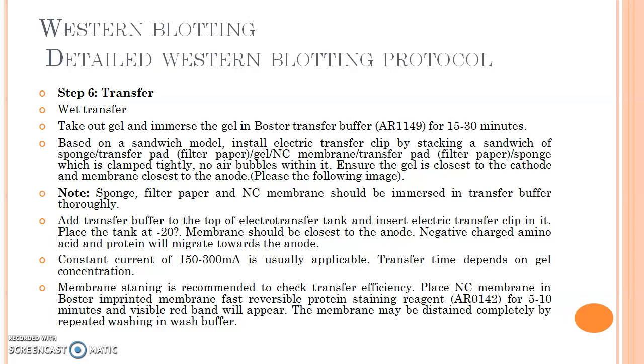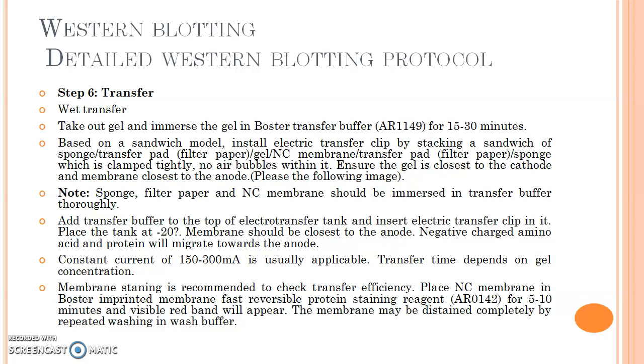No air bubble should be within it. Ensure the gel is closest to the cathode and the membrane closest to the anode. Note: sponge, filter paper and nitrocellulose membrane should be immersed in transfer buffer thoroughly. Add transfer buffer to the top of the electrotransfer tank and insert the electric transfer clip in it.